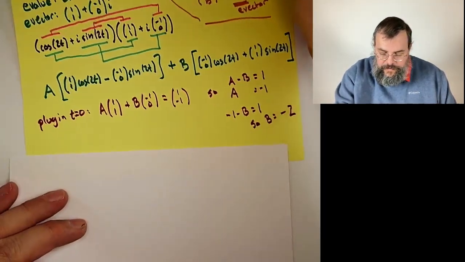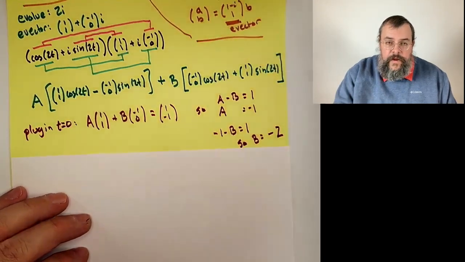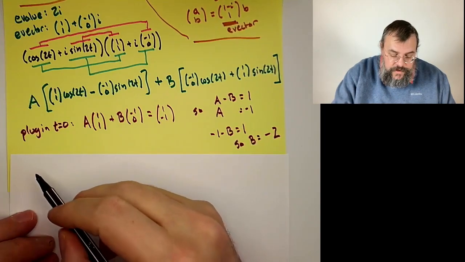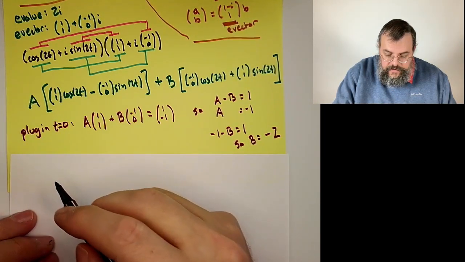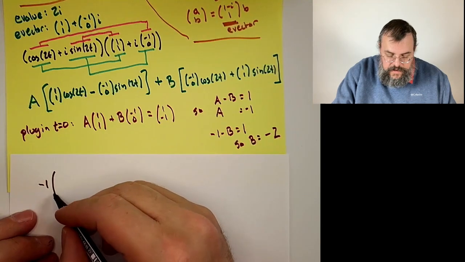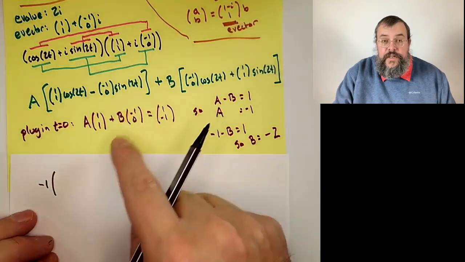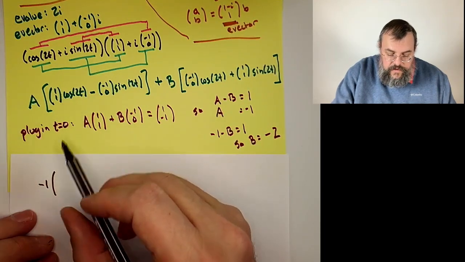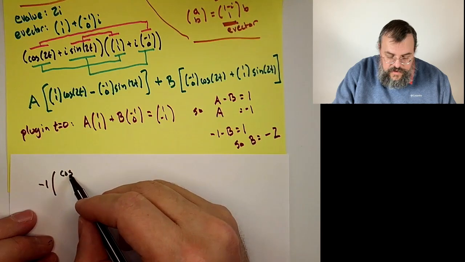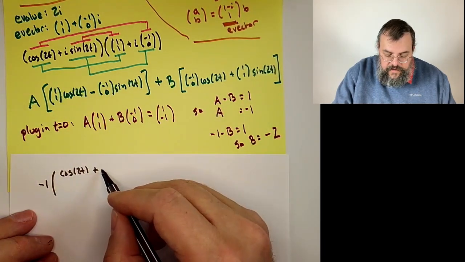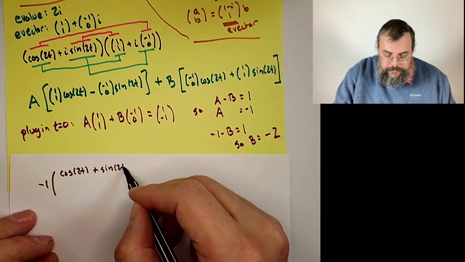All right, so let's see what we have here. All right, so let's update. We know our solution has the form minus 1 times this expression. Well, let's start collecting things. So that'd be cosine 2t minus minus makes plus sine of 2t.